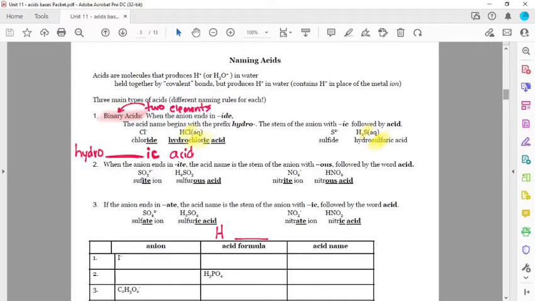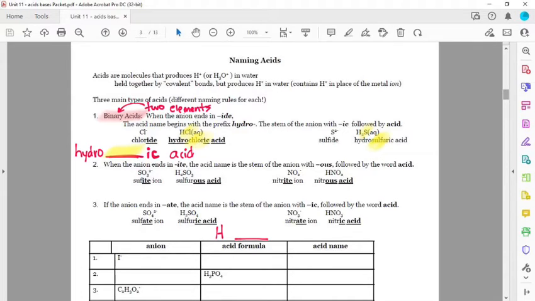So this is kind of the general format that all binary acid names are going to take. So when you see H with just one other element, just focus on what is that other element and put its name here in that middle part. So hydrophosphoric, hydronitric, hydrocarbonic acid, all of those are just H and that one other element.